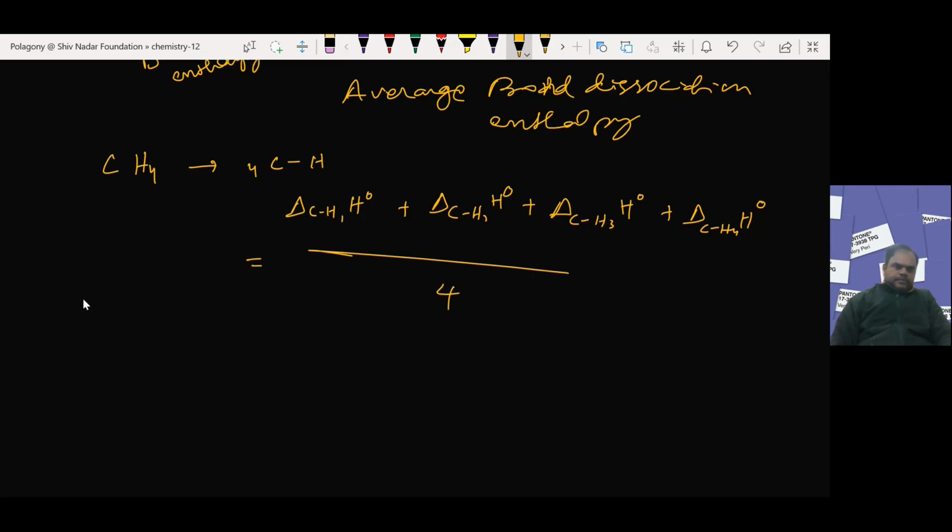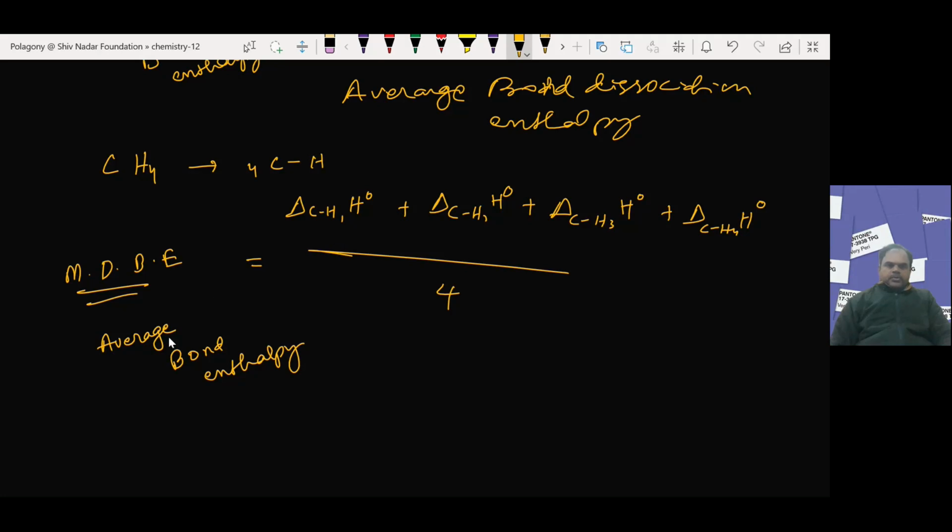Then we'll get the mean bond dissociation enthalpy, which is said to be the average bond enthalpy we can get in the case of polyatomic molecules.